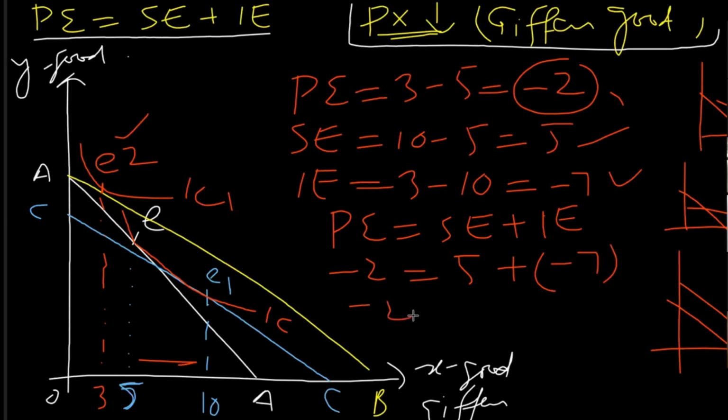Okay, minus 2 is equal to 5, and when we remove this bracket, the plus sign multiplied with the negative sign will make it negative. So 5 minus 7 will also give us minus 2. So minus 2 is equal to minus 2. So again we prove that in case of Giffen goods, price effect is equal to substitution effect plus income effect.